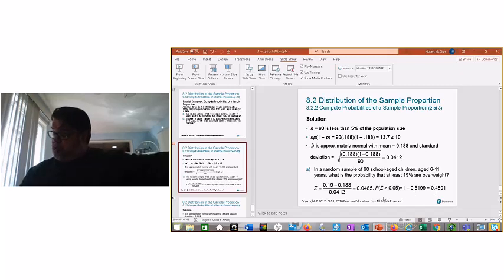You would do in your calculator normal CDF, and then you would do 0.05 to 9999, and that should give you 0.4801.